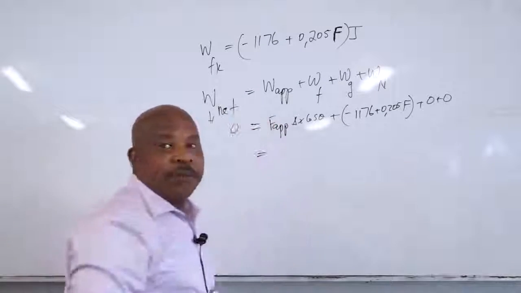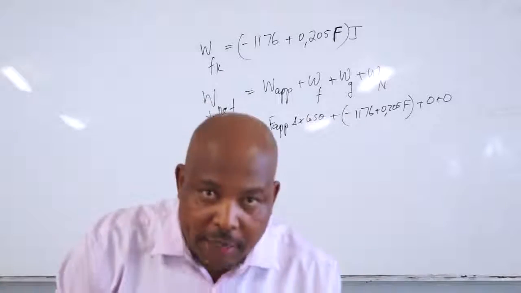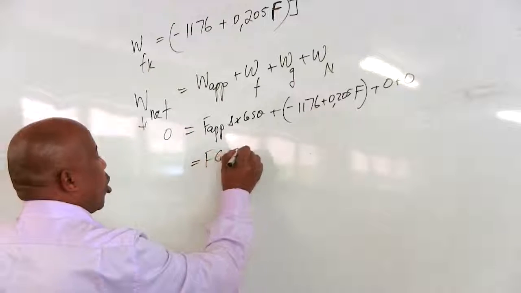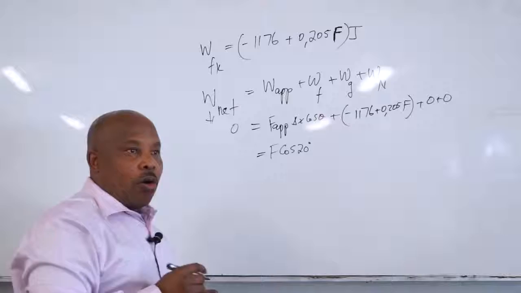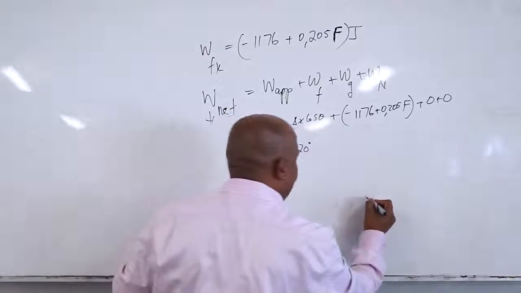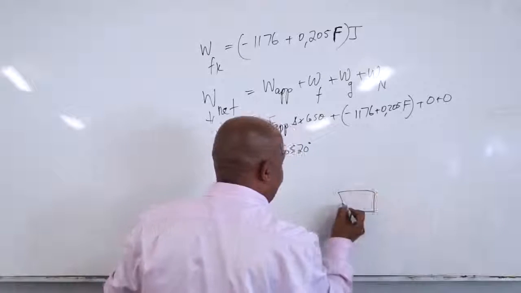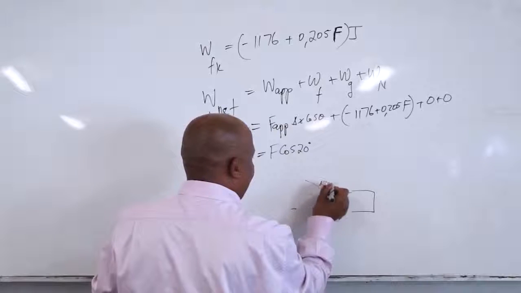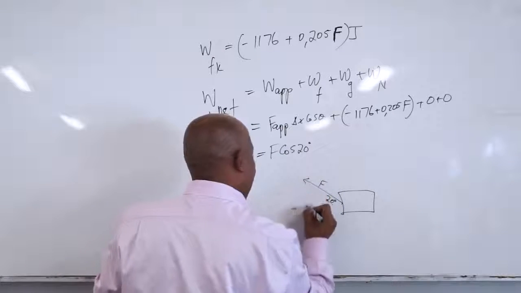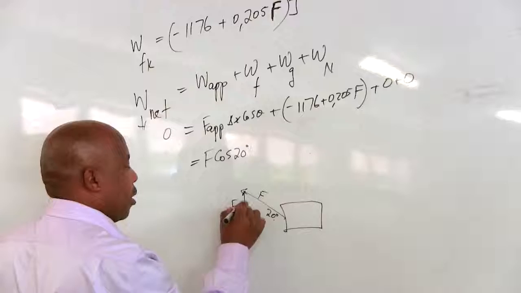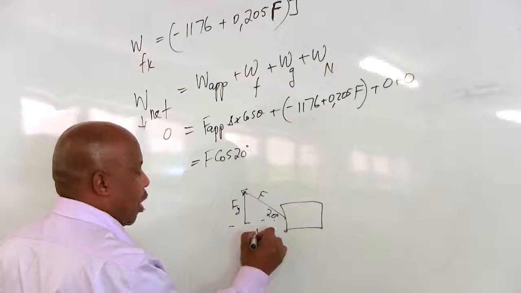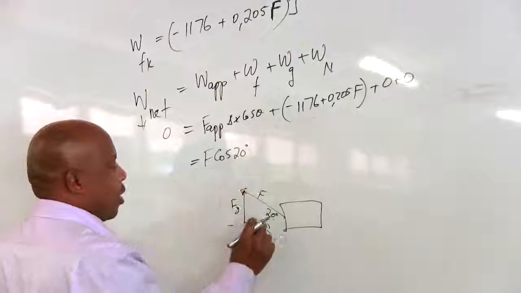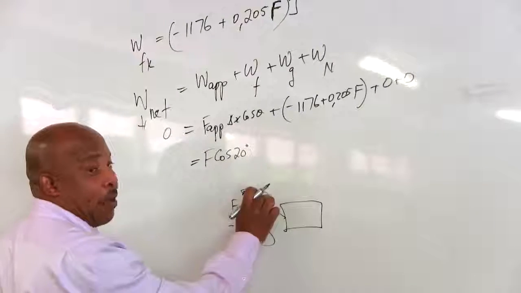So this was very interesting. Now, we must substitute our F applied. Our F applied was F cos 20 degrees. Why? On the diagram, let me quickly remind you again. On that diagram, there was 20 degrees here, and this, remember, is your F, and then this is your Fy. But in this case, we want the Fx or F horizontal, which will be adjacent over hypotenuse.